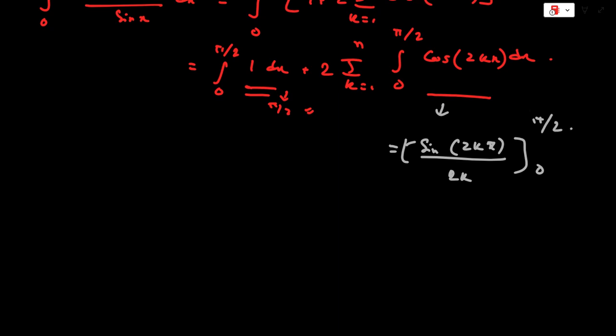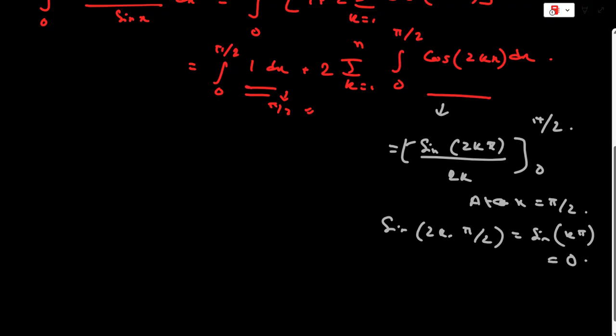Now at x equal to pi by 2, sin of 2k into pi by 2 is sin of k pi, that is 0. And at x equal to 0, this is also 0. So basically this integral is equal to 0.